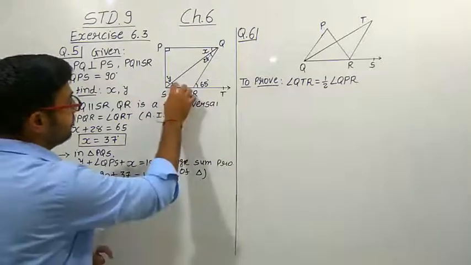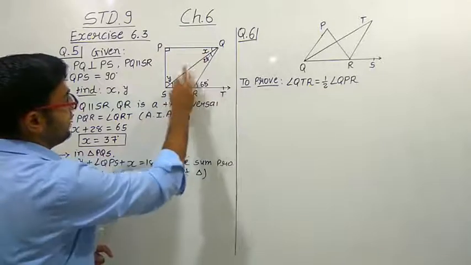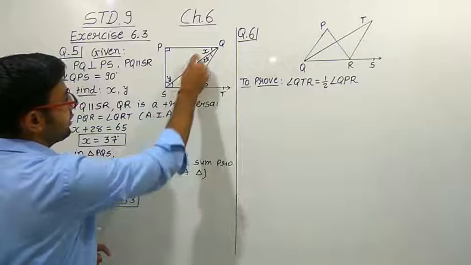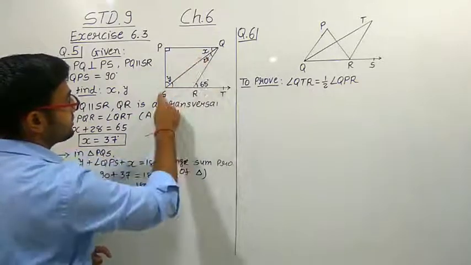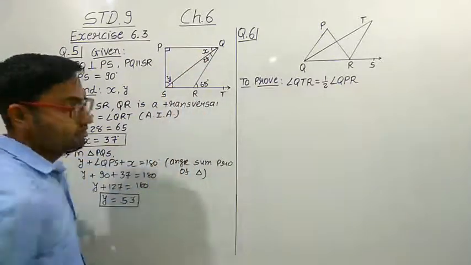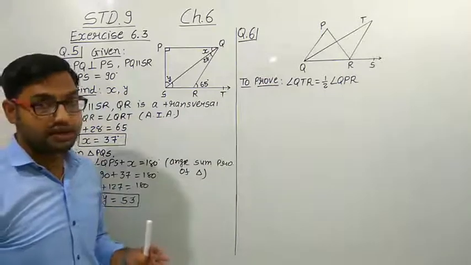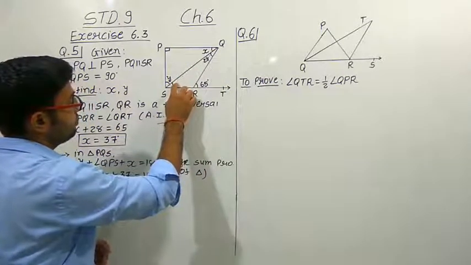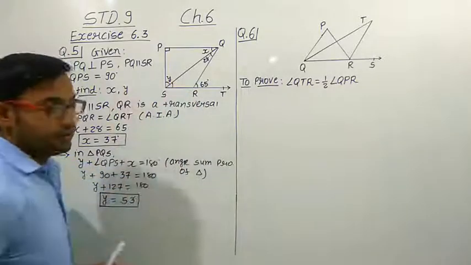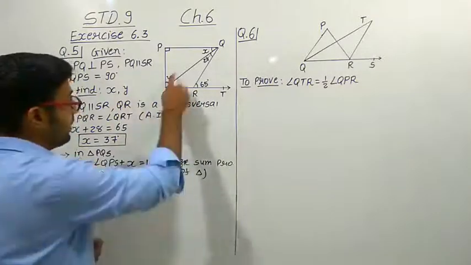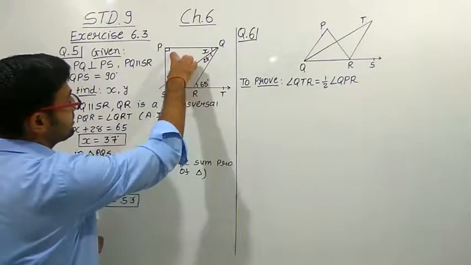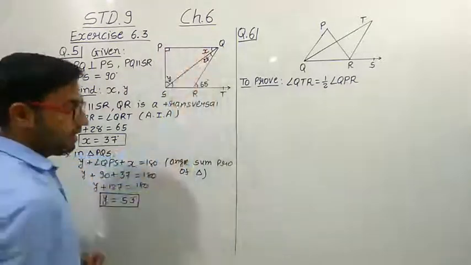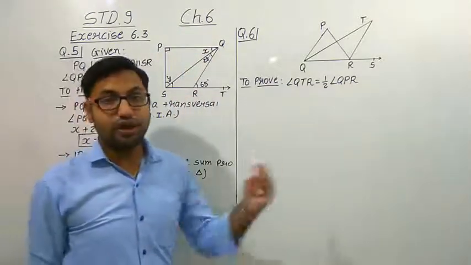Now as we have the value of this angle, we can apply the alternate interior angles here. See, PQS and QSR make a pair of alternate interior angles. So the value of X will become equal to the angle we get here. Okay, now how to find Y? See, both these angles again make a pair of co-interior angles.